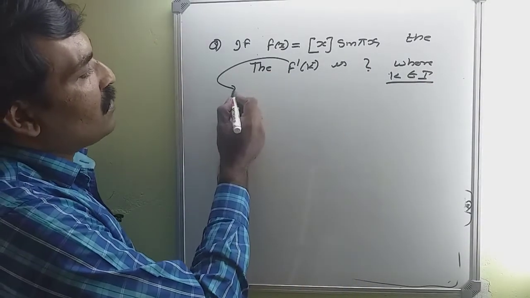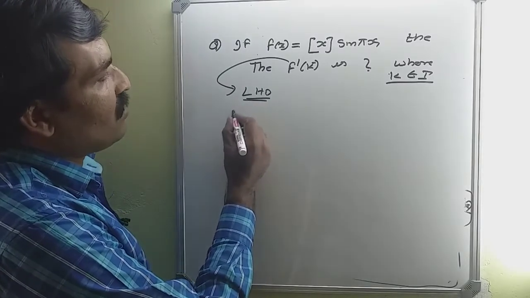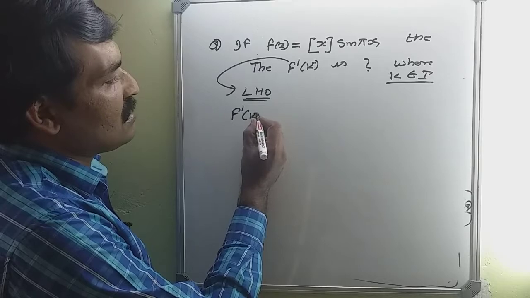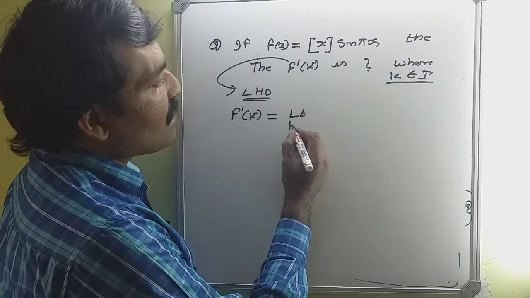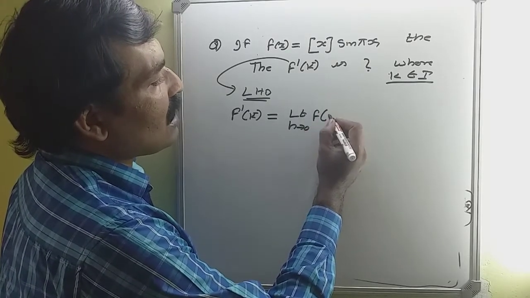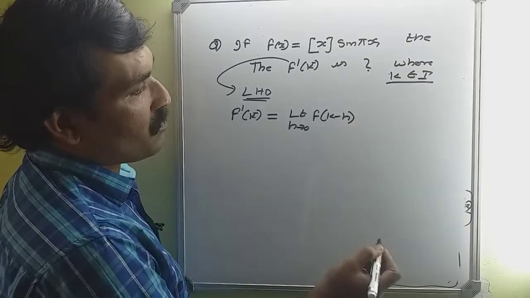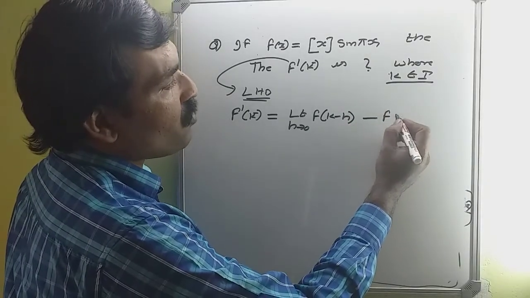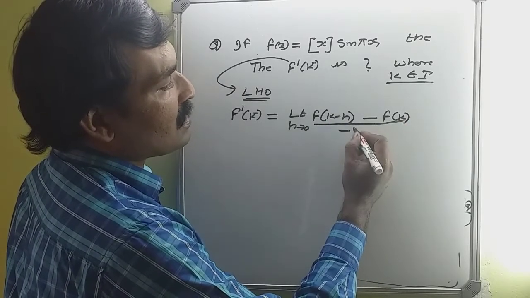We want to find the left hand derivative, that is f dash k minus, that is equal to limit h tends to 0 f of k minus h minus f of k divided by minus h.